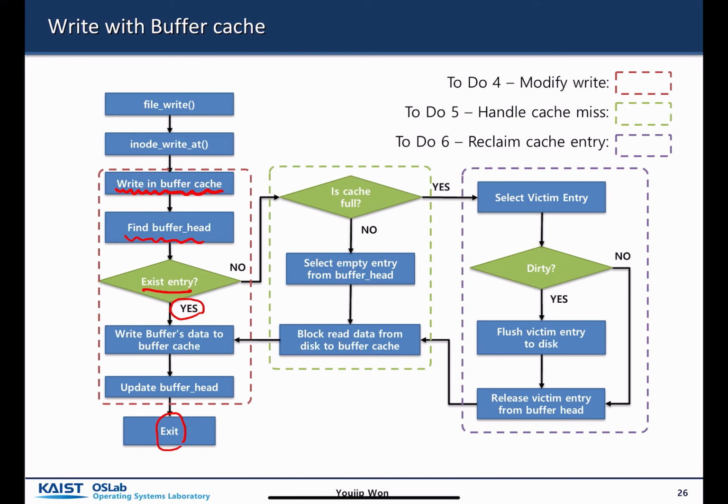However, if the entry does not exist, then you have to write that to the buffer cache. In that case, if the cache is not full, you're lucky. You find the empty buffer head, and then write the block, not to the disk, but to the buffer cache, and return.